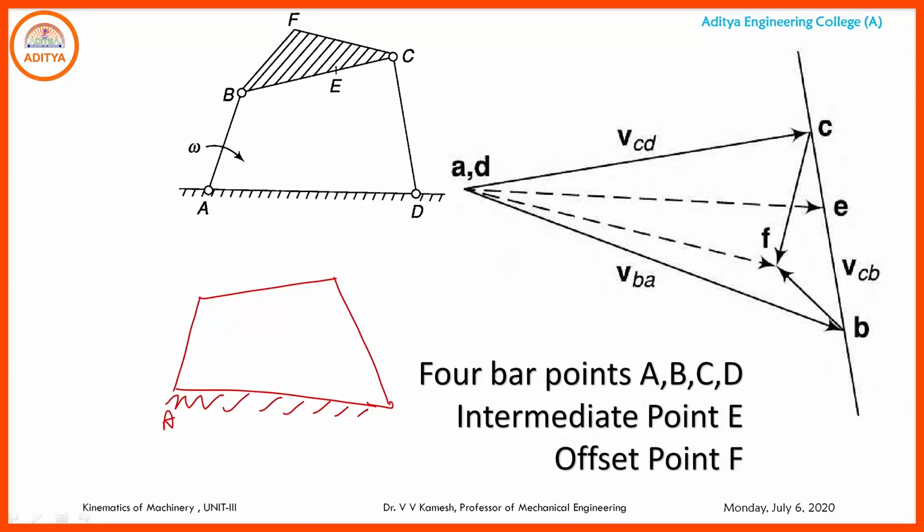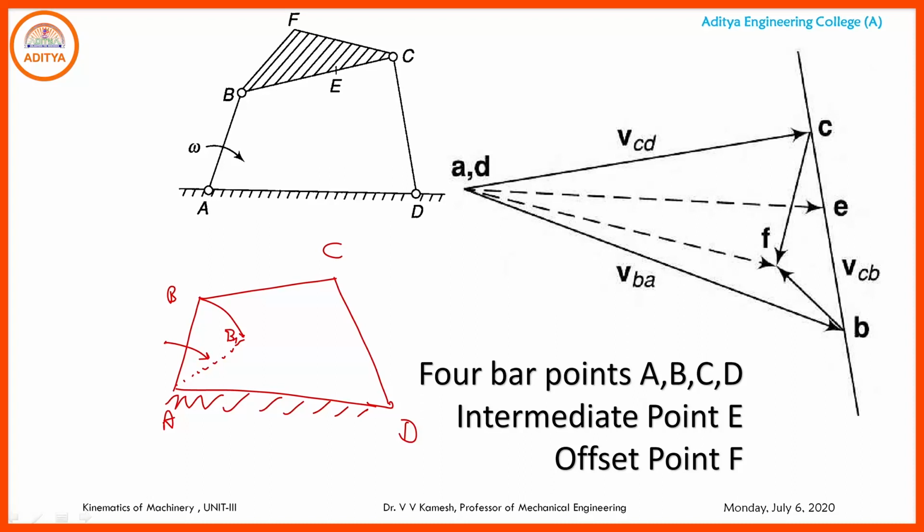This is A, this is B, this is C and this is D. Suppose I am rotating this element like this. So the new position, then this will become B2, B1.